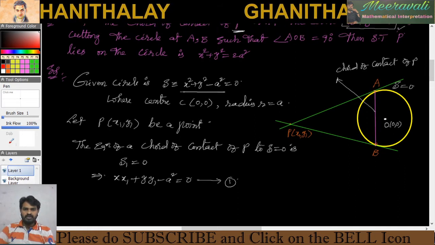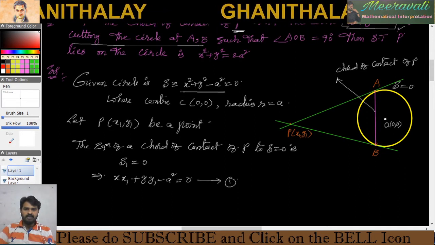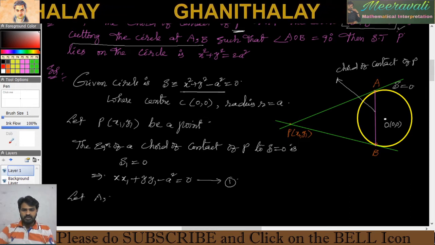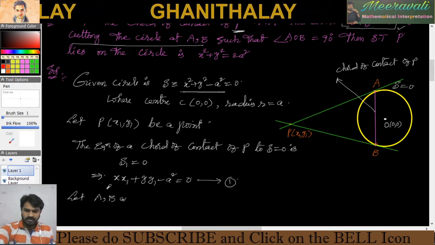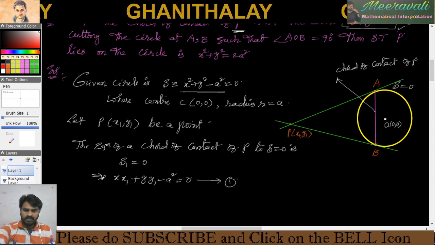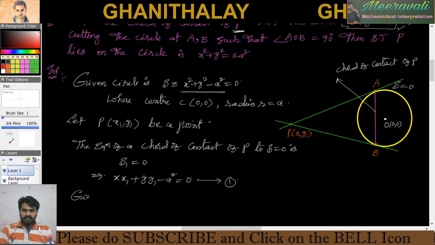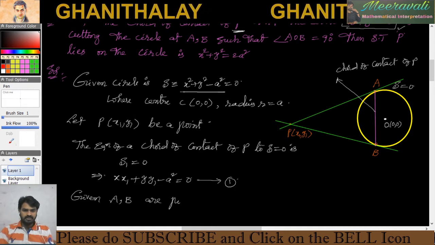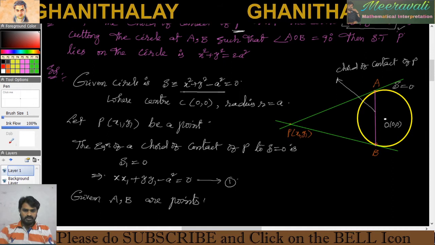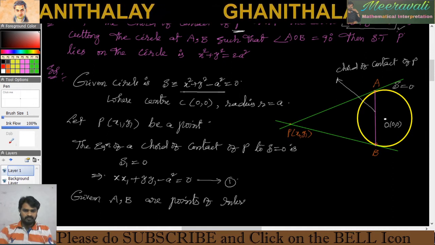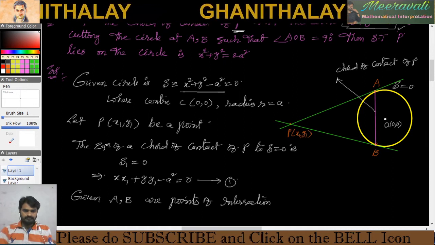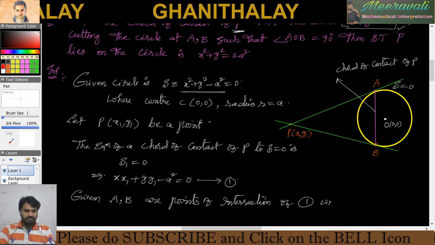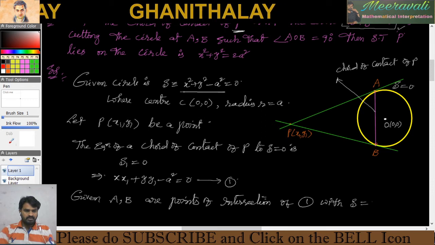The chord of contact cuts the circle at A and B. So A, B are the points of intersection of 1 with the circle S is equal to 0.